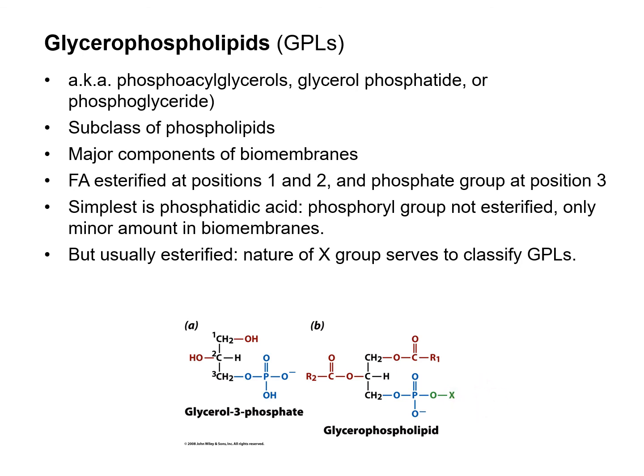There's only a minor amount of it in the biomembranes. But usually, instead of just a hydrogen, this part is esterified, and based on the nature of this X group, that changes the property of these glycerophospholipids.